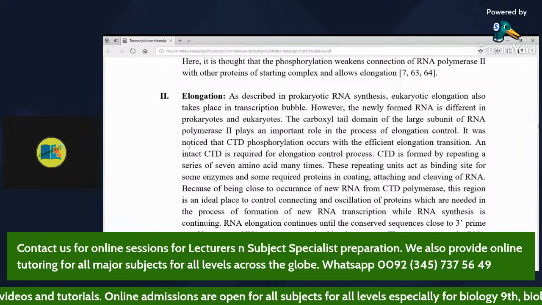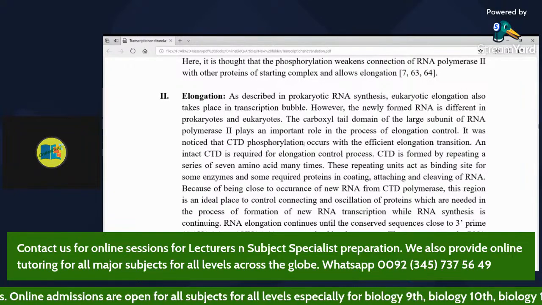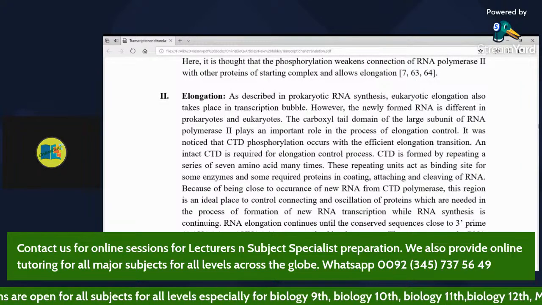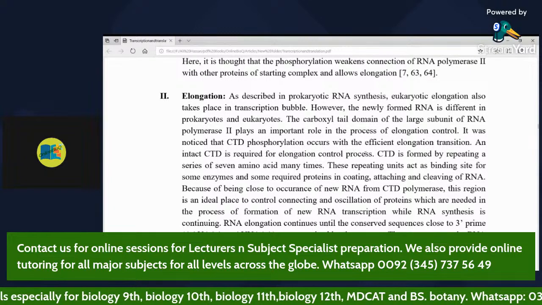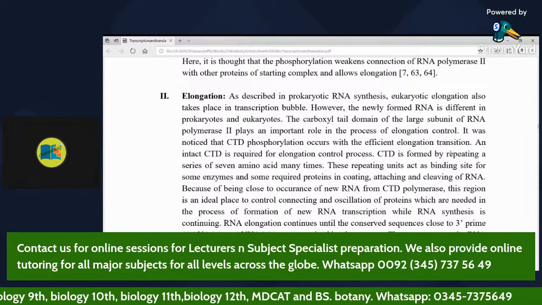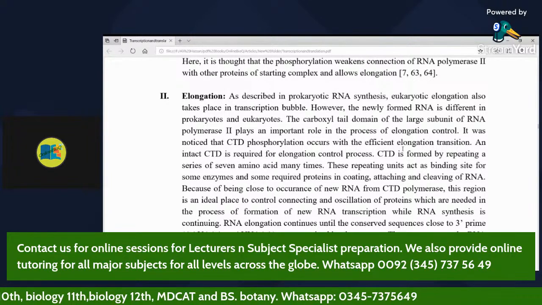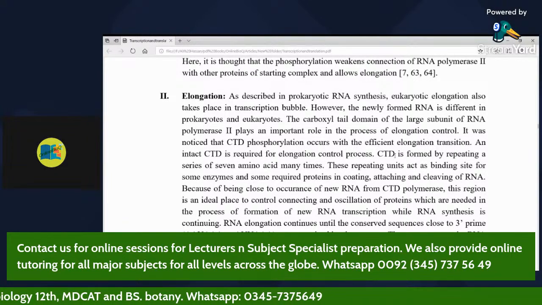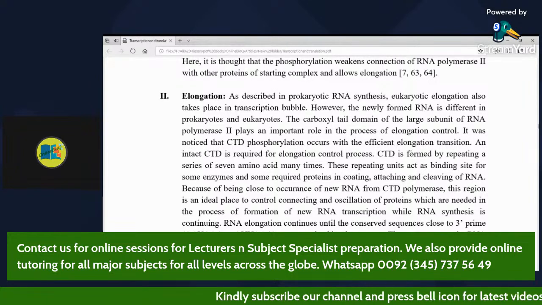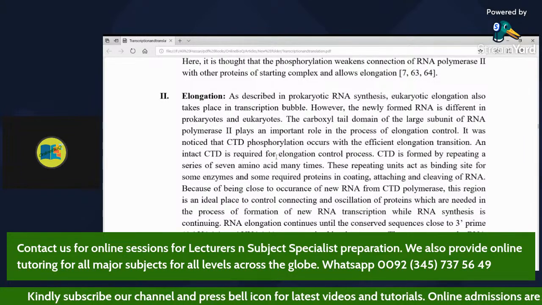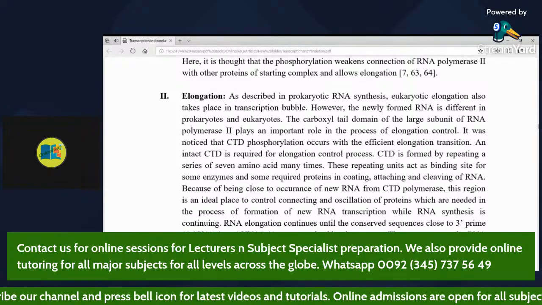It was noticed that CTD phosphorylation occurs with the efficient elongation transition. An intact CTD is required for the elongation control process.